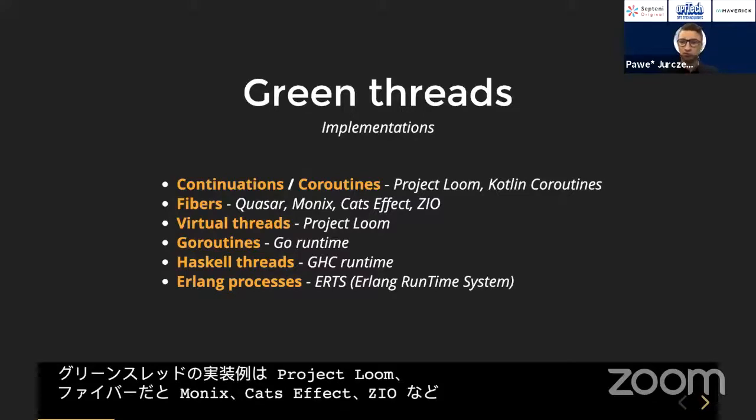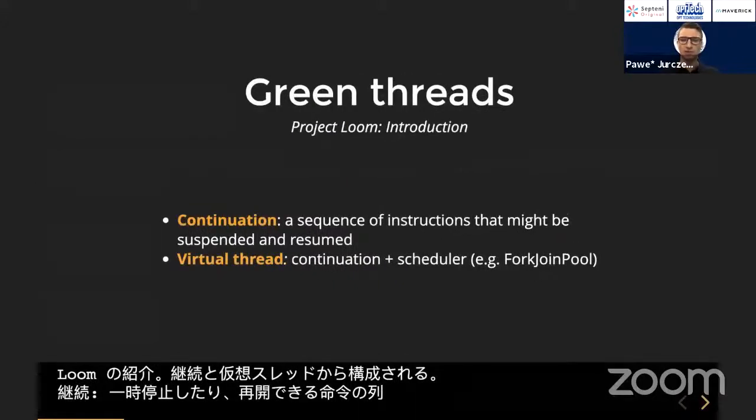When it comes to future solutions, we will have Project Loom. Project Loom will provide native support on the JVM platform for continuations and virtual threads. But what are they? What is the difference between a continuation and a virtual thread in the first place? In general, a continuation is a sequence of instructions that might be suspended and resumed at some later point in time.